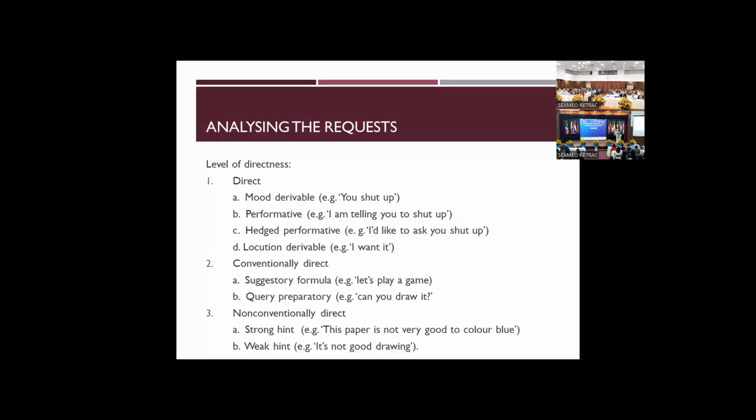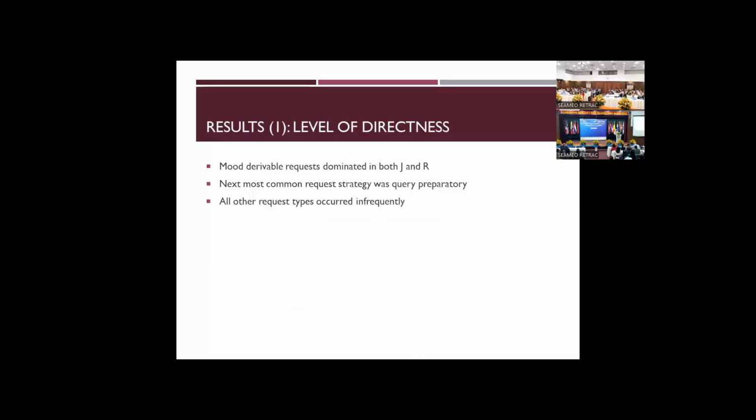And what she wanted was a new piece of paper. So she was indicating that the piece of paper that she had was no good for what she wanted. It was an indirect request to get a new piece of paper. Strong hint or weak hint: it's not good for drawing, right? Same thing. So direct, conventionally direct, non-conventionally direct.